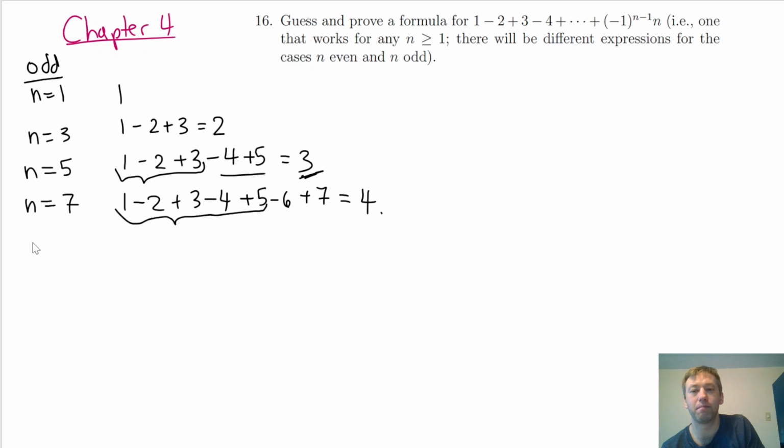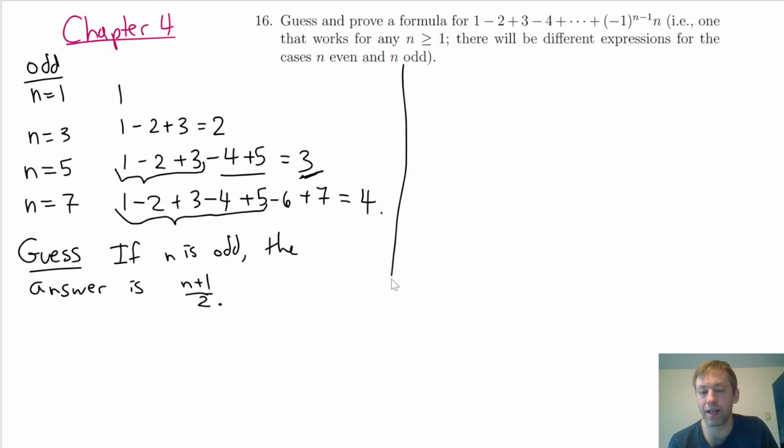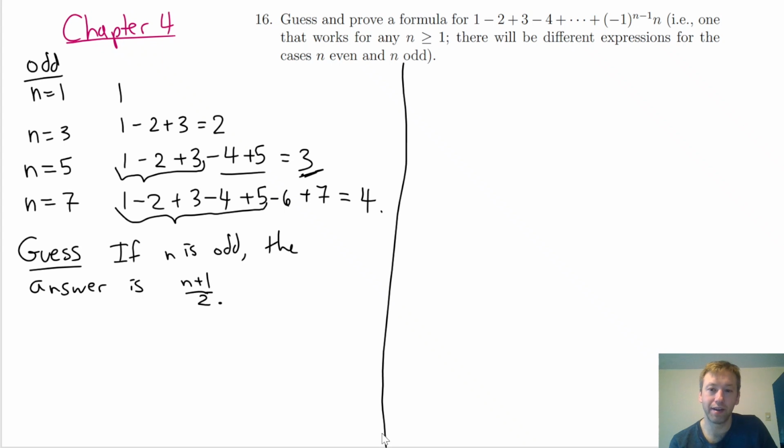So my guess, if n is odd, the answer is n plus 1 over 2. Okay, we have to prove that still. But in terms of coming up with a guess, I think if you just write down a few terms and then figure out the pattern, I think that's the right thing to do.